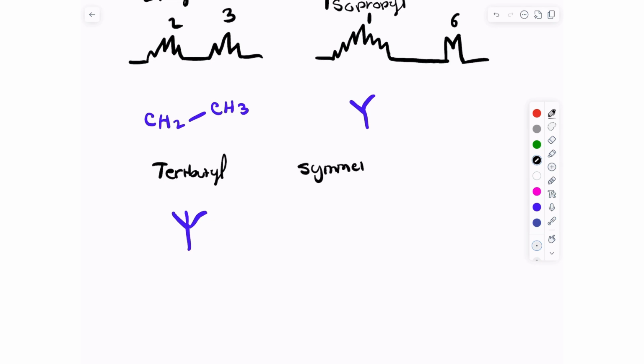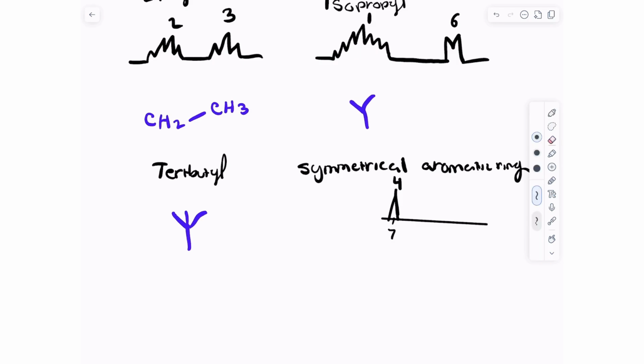So, for example, a symmetrical aromatic ring will have a chemical shift that looks something like this. It'll have a singlet with an integration of 4, and it'll be somewhere around 7.